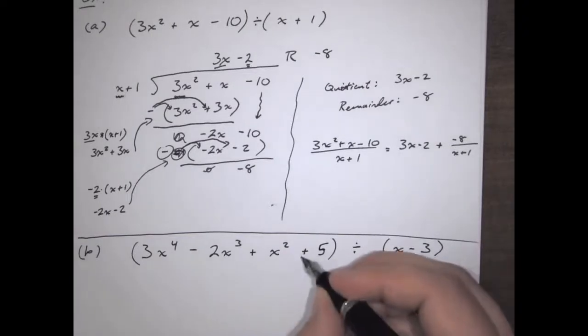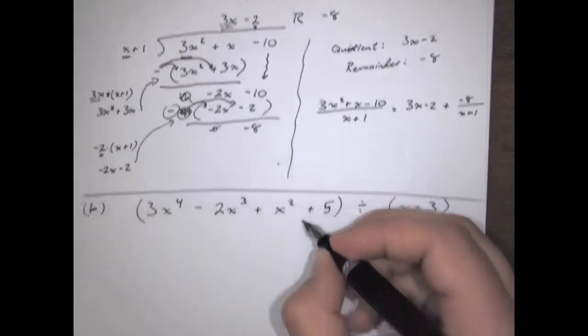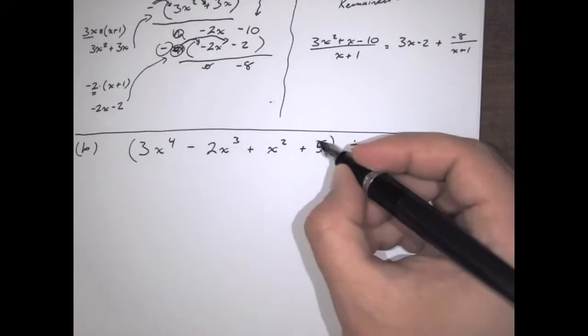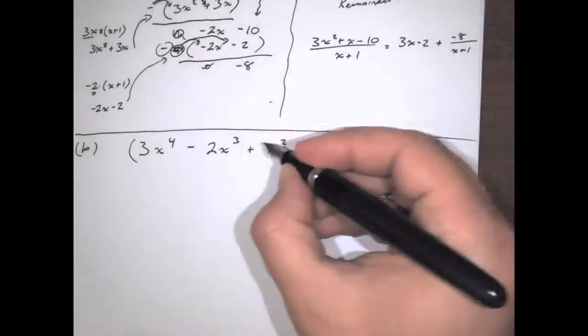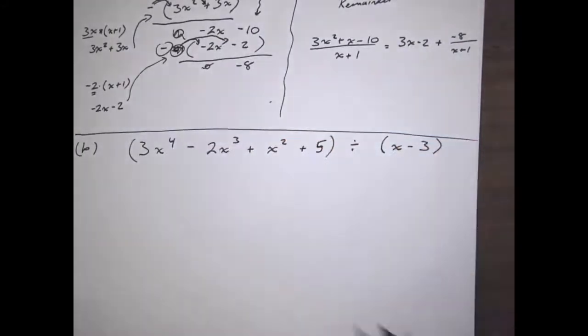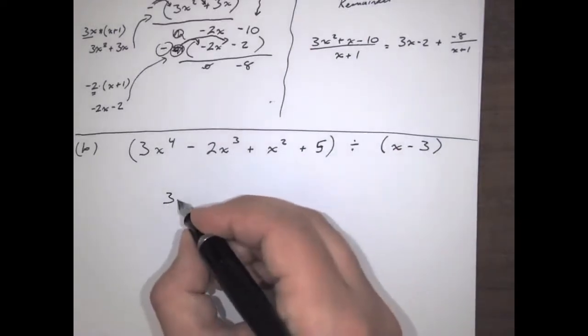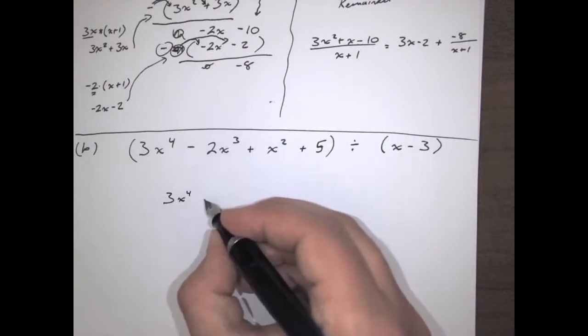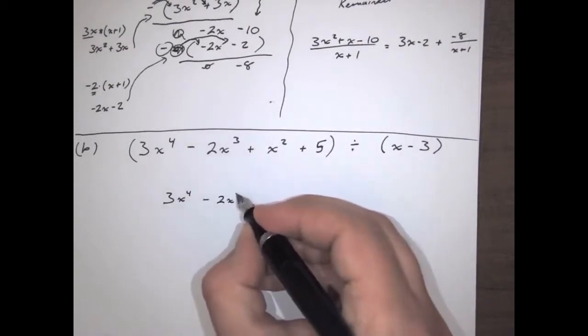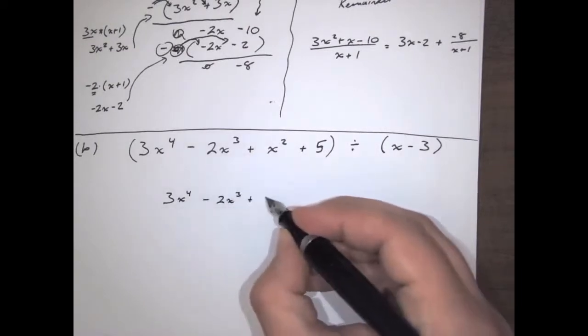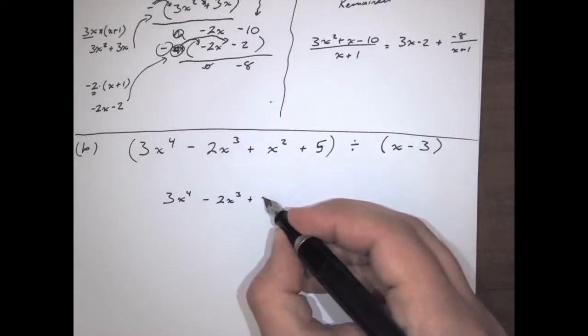Now here, notice there's a missing term in this polynomial. There's no x term. There's an x to the 4th, x to the 3rd, x squared, and the 5. Now in laying this out, it's convenient to include a space for the missing term.